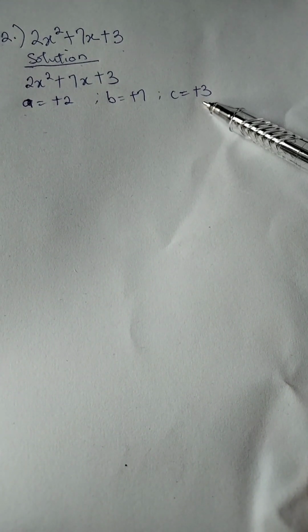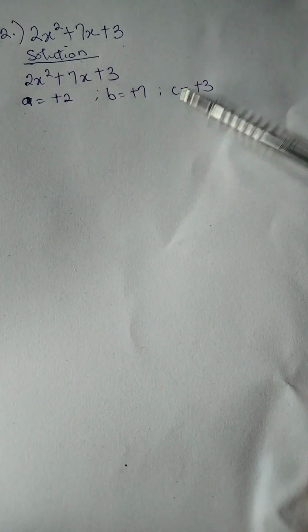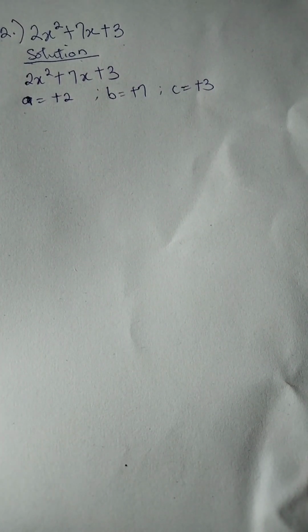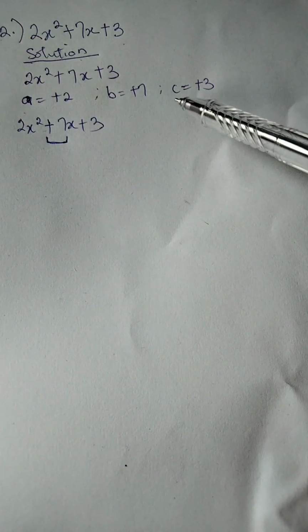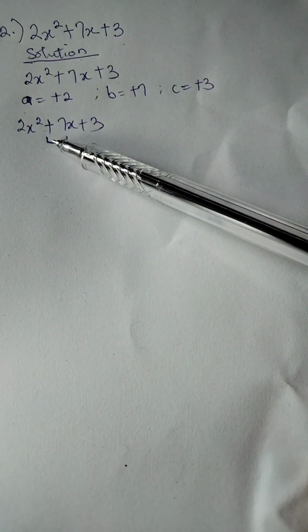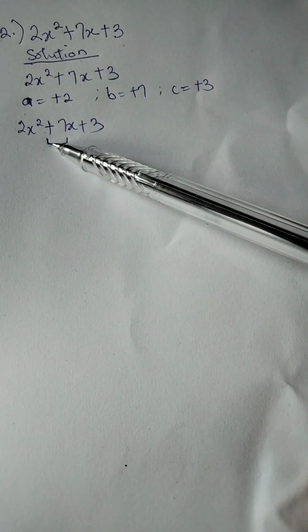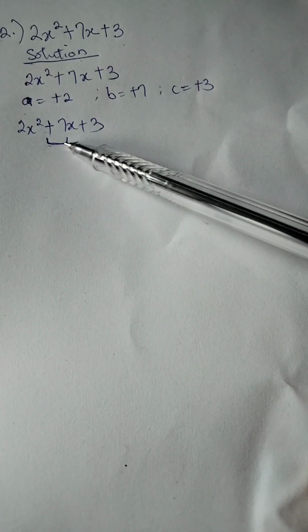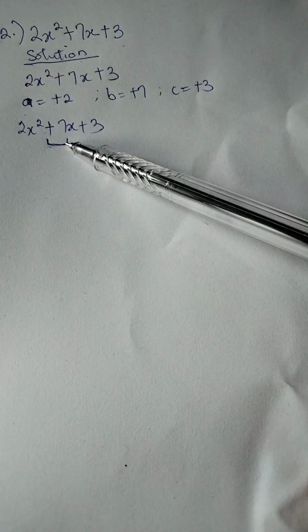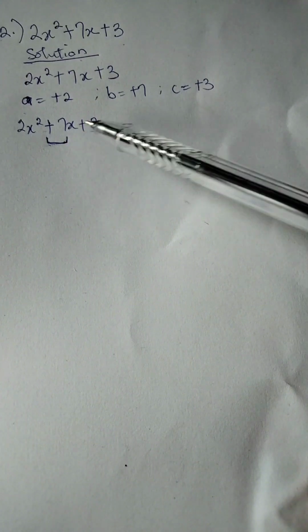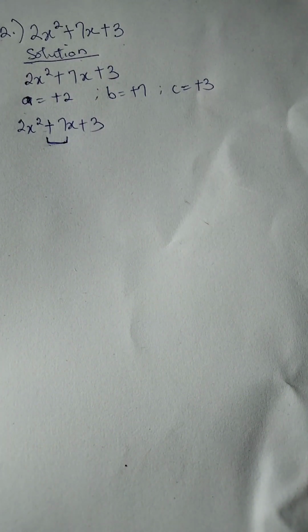After identifying our constants, we proceed to factorizing. The first thing we are trying to achieve is to get two numbers that we can use to replace plus 7.